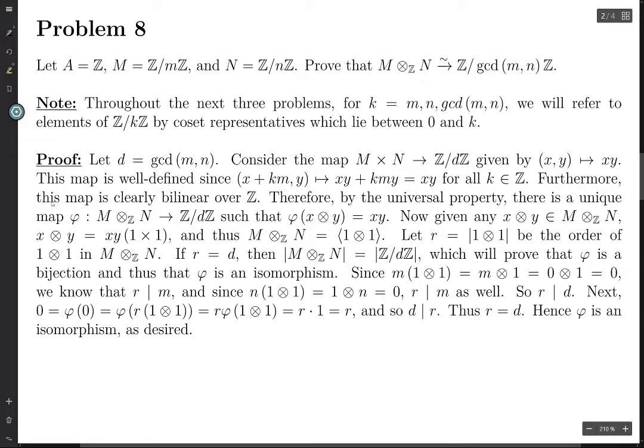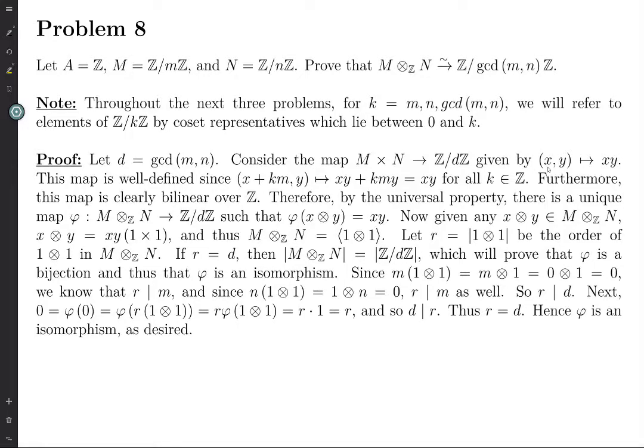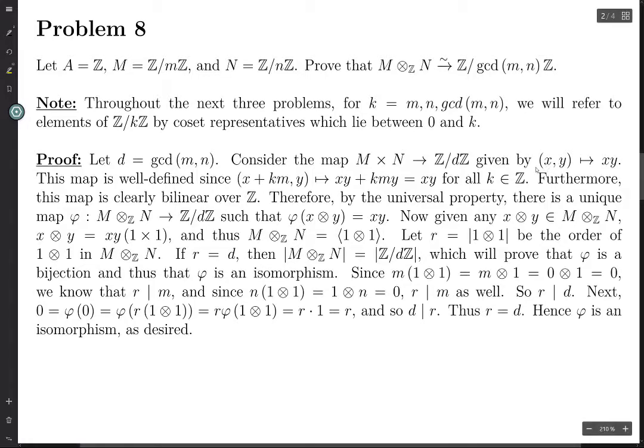What else? Certainly it's bilinear over Z, because if you multiply, it's just commutativity of multiplication on the integers. If you take an integer k times (x, y), that'll give you kxy, and if you take (x, ky), that will go to xky, and of course those two are the same thing.